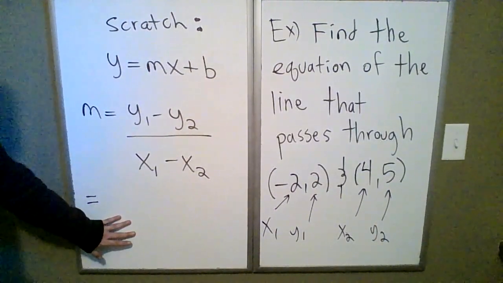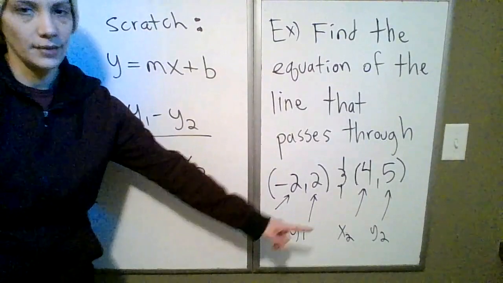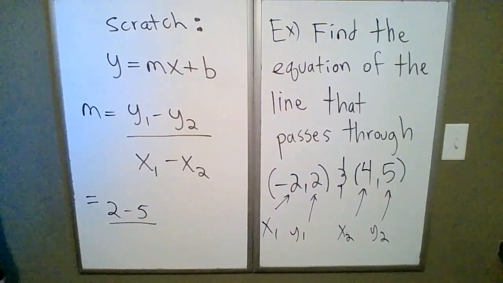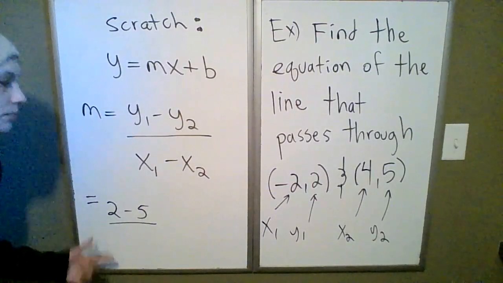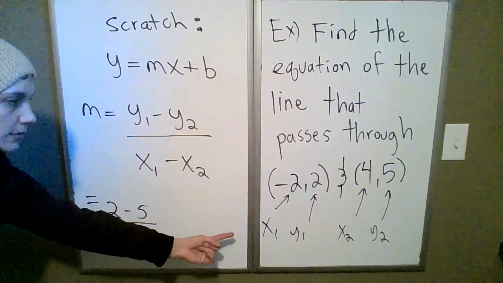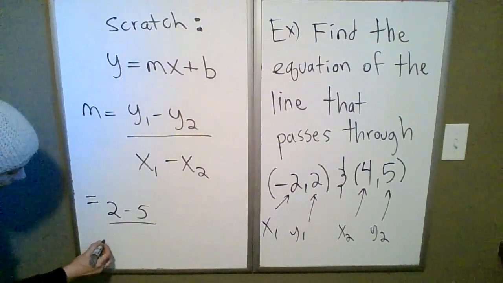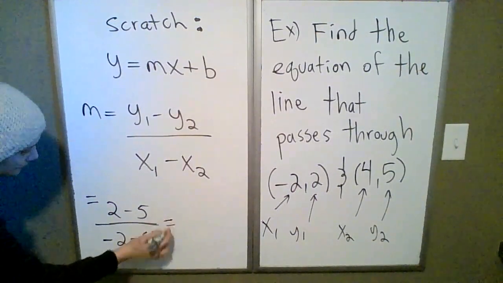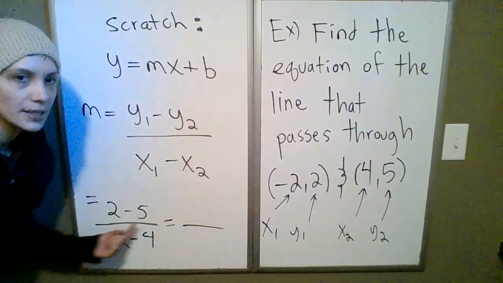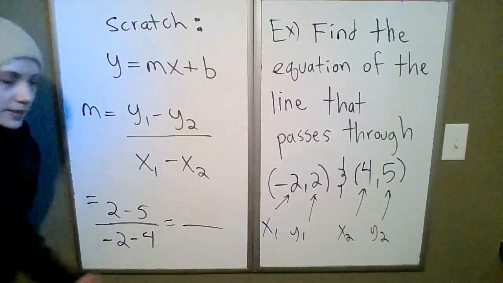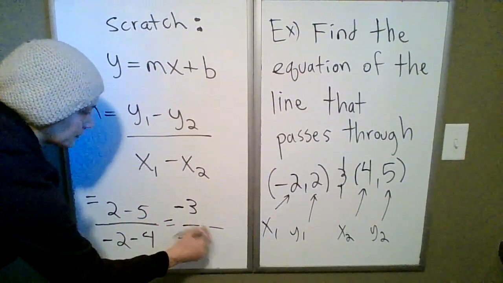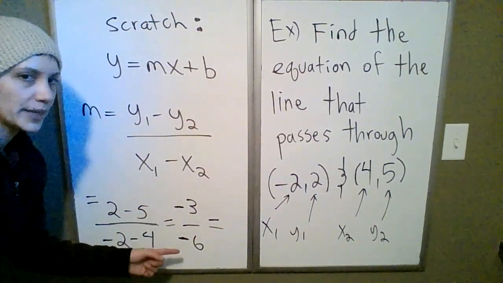In the numerator, take 2 and subtract 5. And we're dividing by -2 minus 4. So this would be -3 over -6, which would be positive 1/2.